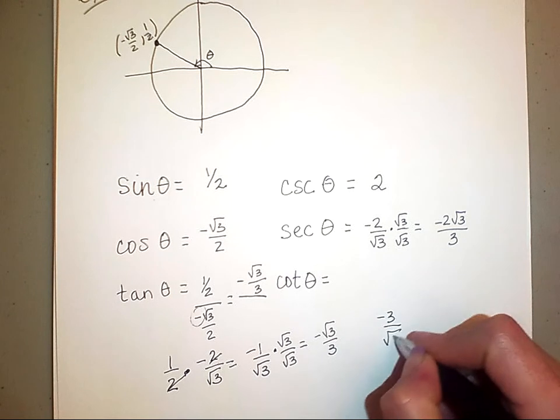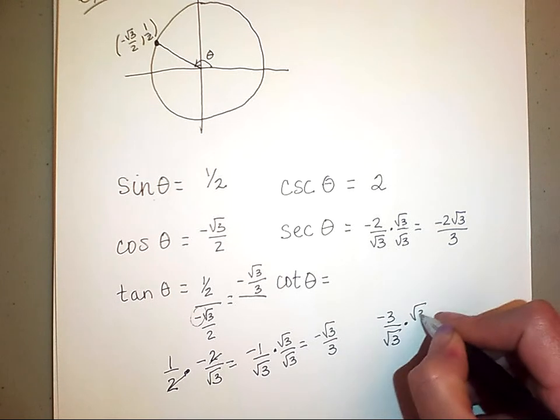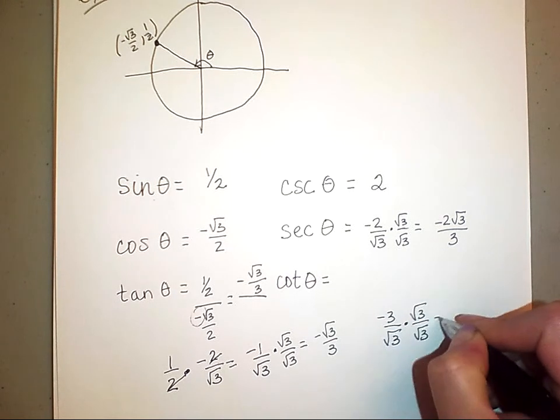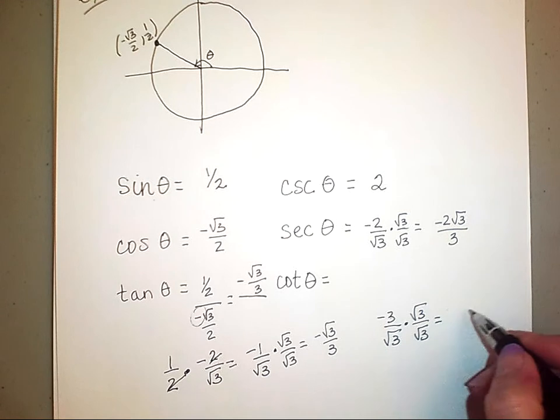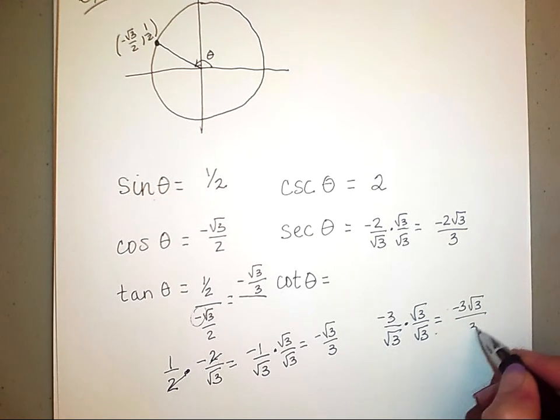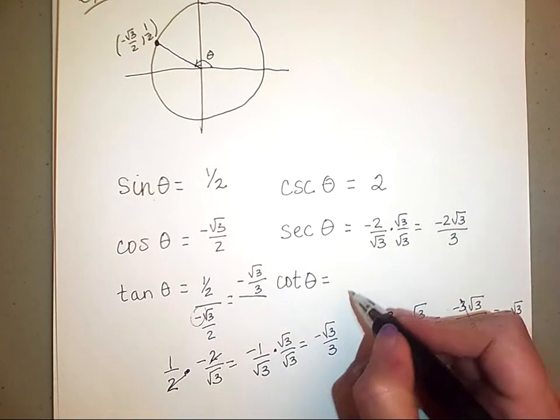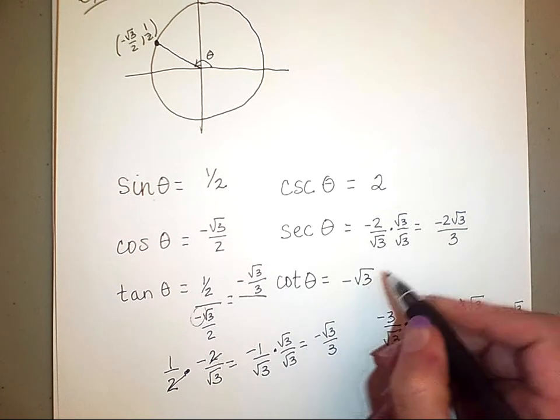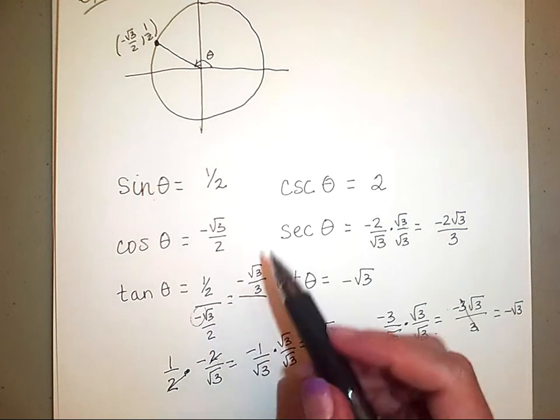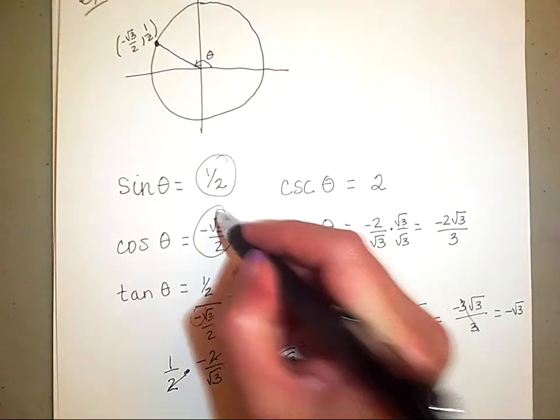Again, we rationalize. This becomes negative 3 square roots of 3 over 3, and those will cancel, leaving just negative square roots of 3. Okay. So these are our 6 trig functions if we're just given the points.